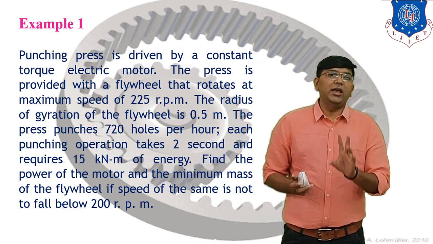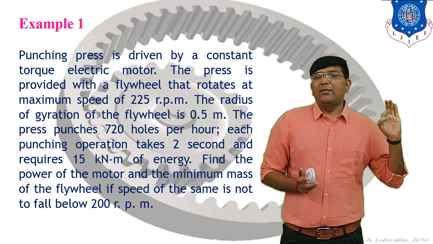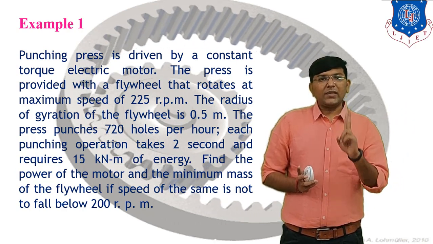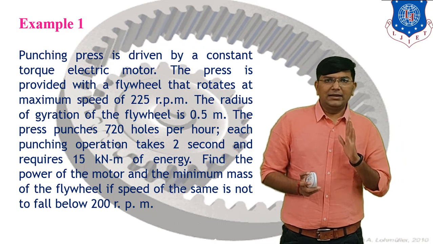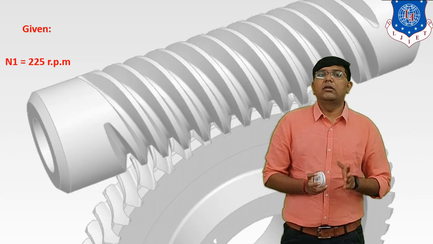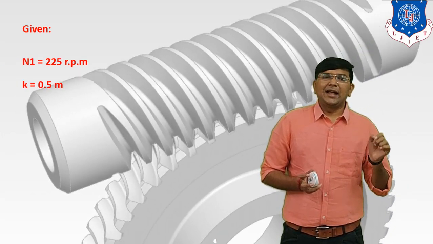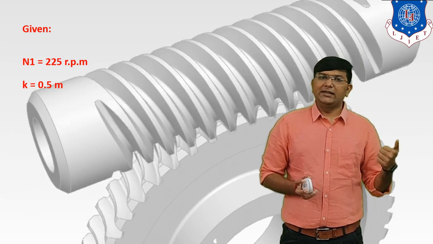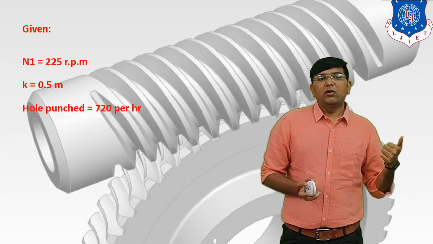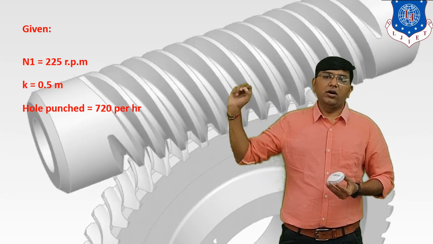So in this numerical we have to calculate two values. First one is power, energy supplied per second, and second is the value of mass. Clear? So first of all we have to write the given data. Capital N1 is equal to 225 rpm. Second one is the radius of gyration, that is 0.5 meter. Third one, holes punched: 720 holes per hour.